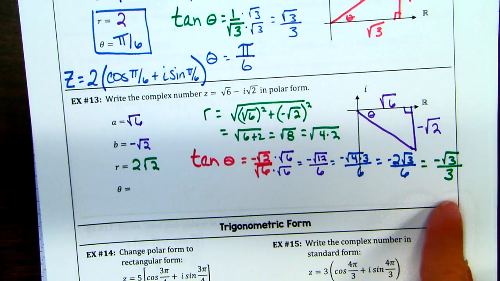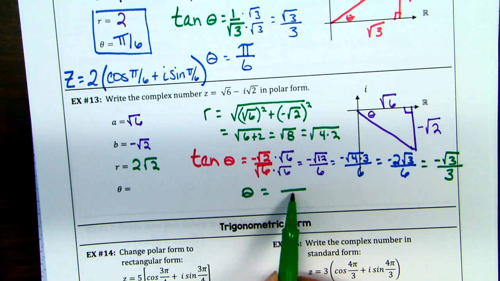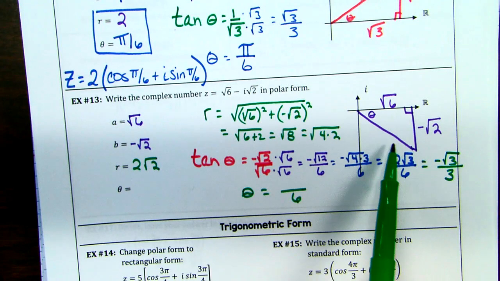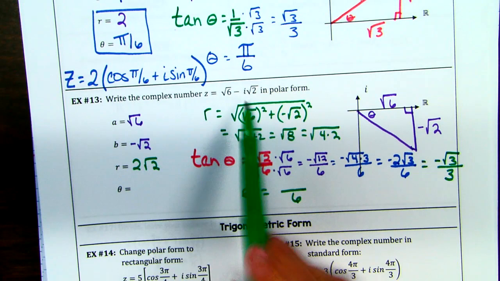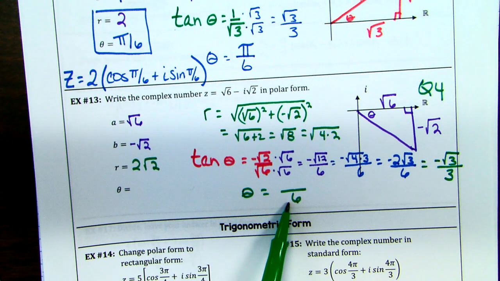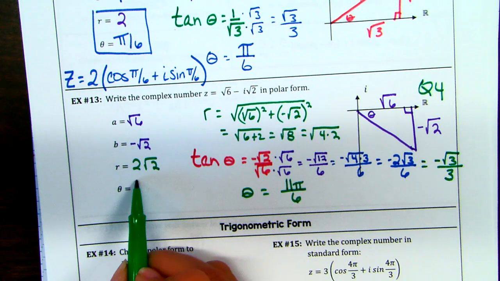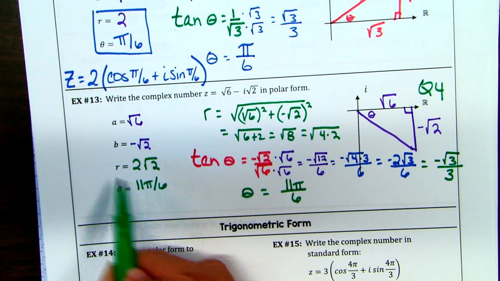That I recognize. That is a denominator of 6, and we are in quadrant 4. To the right and down is quadrant 4, so I want the theta in quadrant 4. So that's 11 pi over 6.